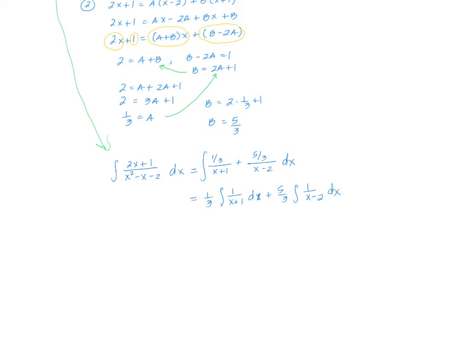And although the problem didn't ask for us to solve it, we're going to go ahead and solve: 1/3 natural log of the absolute value of x plus 1, plus 5/3 natural log of the absolute value of x minus 2, plus our constant C. Can't forget about that. And we're done.